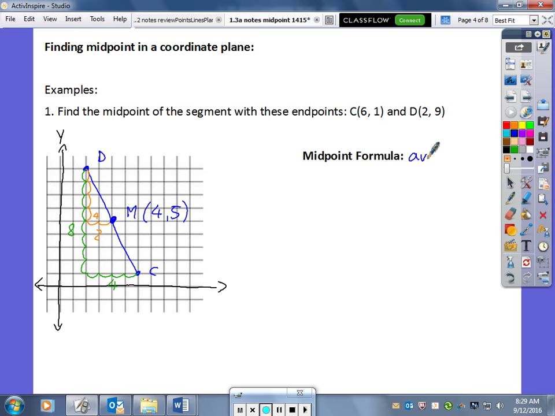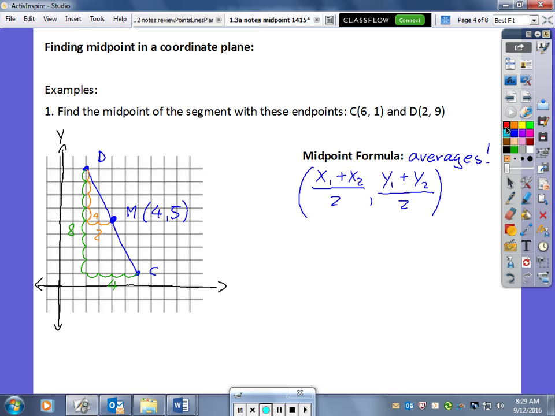So the points, remember, we show as an ordered pair. And in order to find the x-coordinate of the midpoint, we add x1 plus x2 divided by 2. And we also add y1 plus y2 divided by 2.